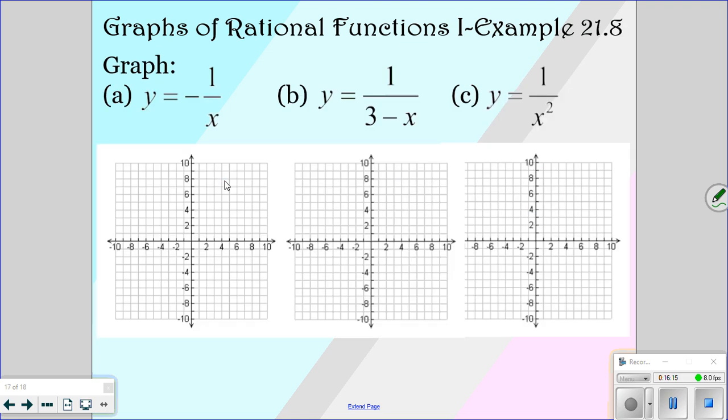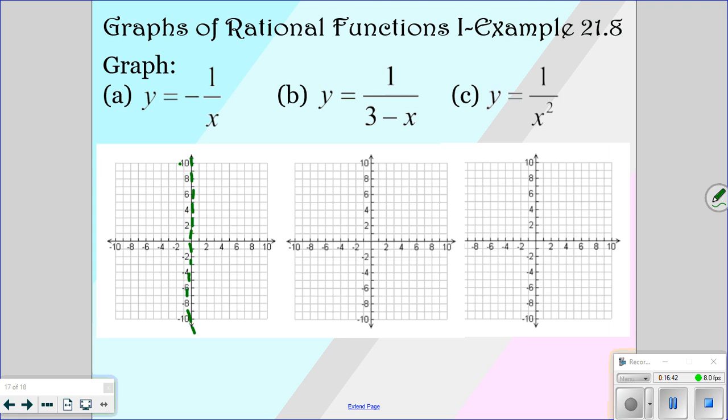Okay? So now we're going to graph y equals negative 1 over x. So that is going to be the mirror image almost of what we just graphed. You're going to reflect it across the x-axis basically. So we put our asymptote on the y-axis, and again, if you want to put one on the x-axis, you can, but you don't have to.